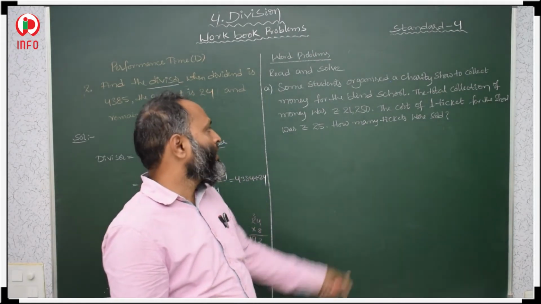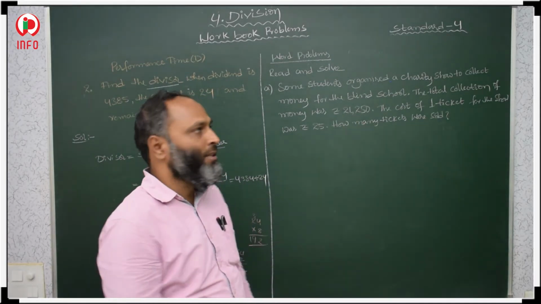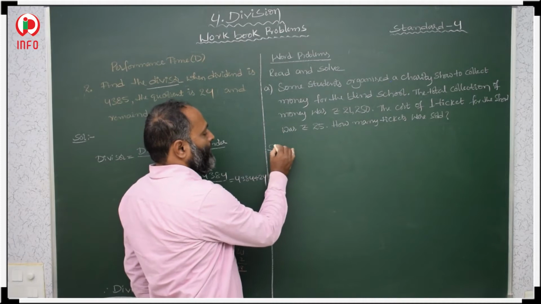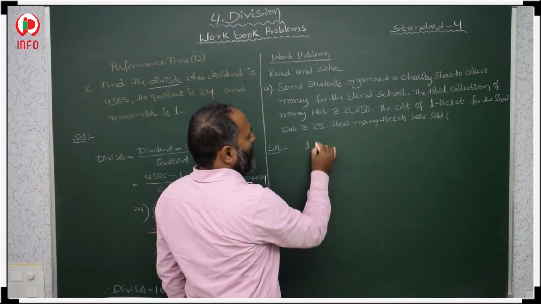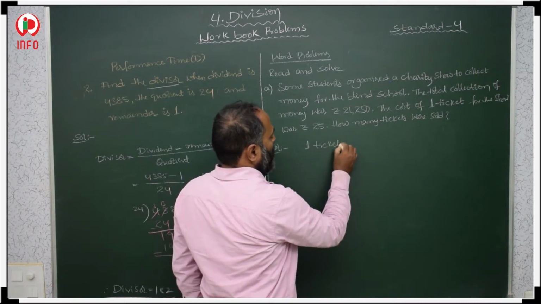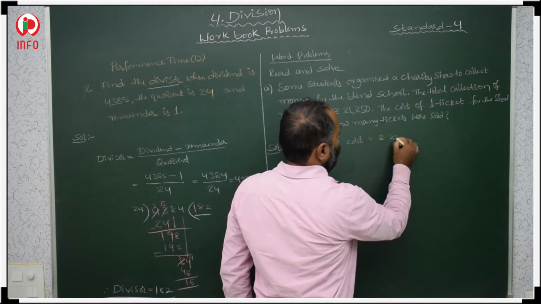First we have to divide the total amount by the per ticket price. So now here you have to write the steps. One ticket cost 25.